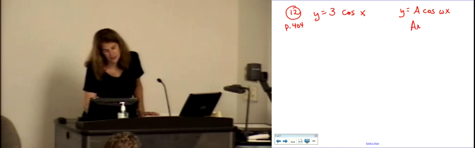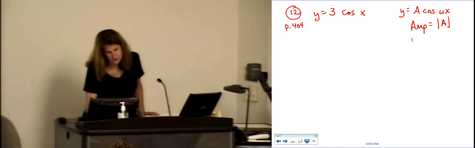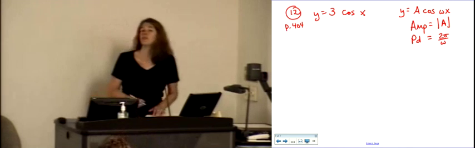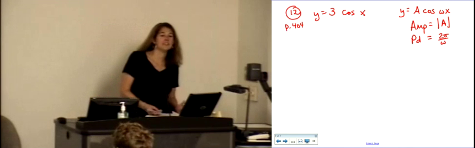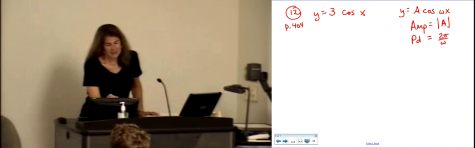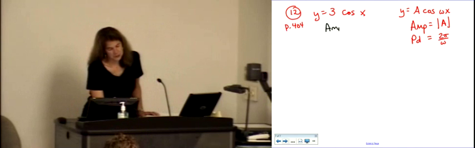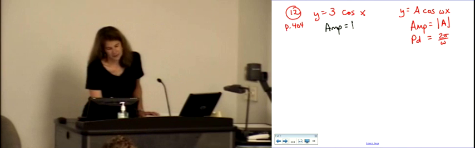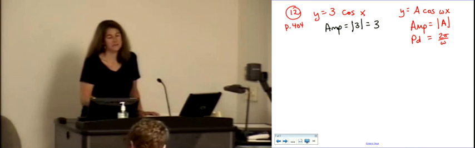All right, so remember, I'm going to write over here y equals a cosine omega x, and I'll put back up here the amplitude is the absolute value of a. The period is 2 pi over omega. I'm using some abbreviations here. Okay, so what is the amplitude in what we're looking at? Absolute value of 3, which is just 3, right?